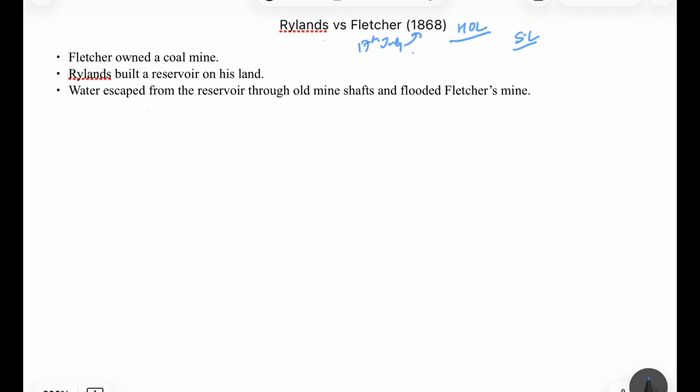Before discussing the facts of the case, we must understand the historical background. By 1868, we come across the Industrial Revolution. During the Industrial Revolution in England, factories required enormous quantities of water.